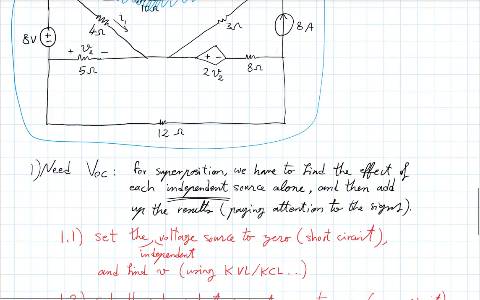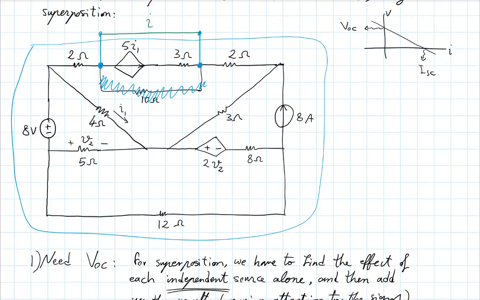Well, let's remember the Norton equivalent. The Norton equivalent circuit. So I have something in the box like this. So this is IN, and this is RN. Okay?